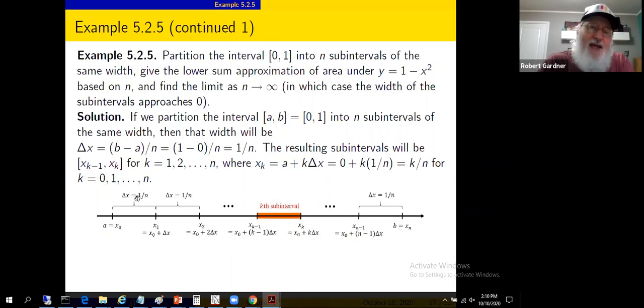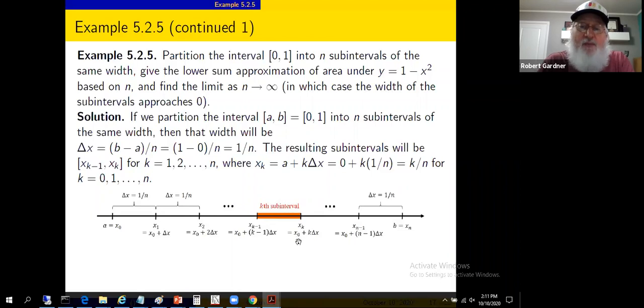We're taking the same size steps from one x to the next in the partition. And we started at a. So what do you get for, say, x sub k? Well, how many steps from here did you take? You took 1 step, 2 steps, and so on, k minus 1 steps, k steps. You took k steps. How big were those steps? Delta x. All the same size.